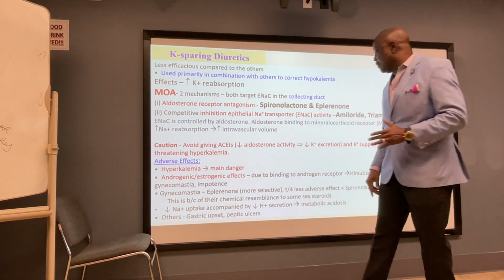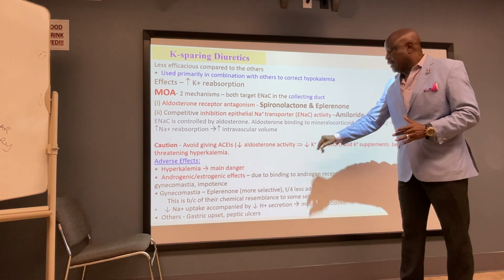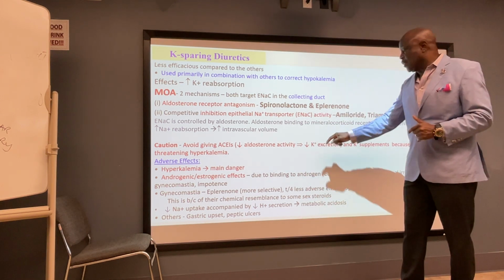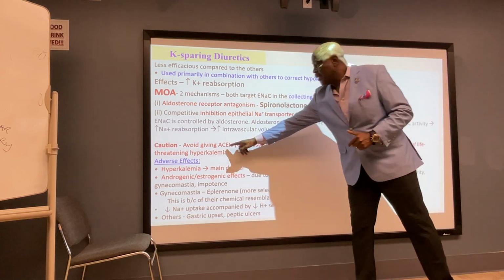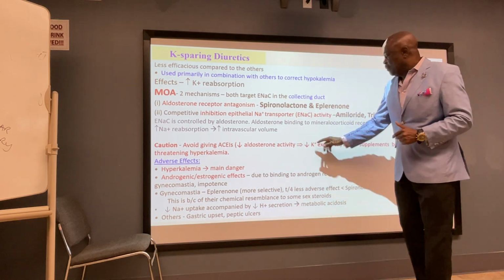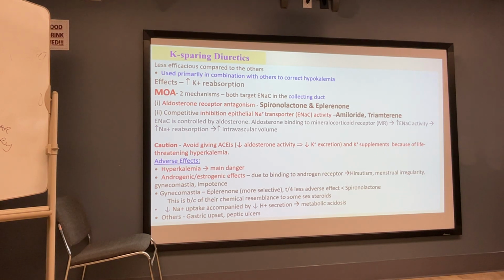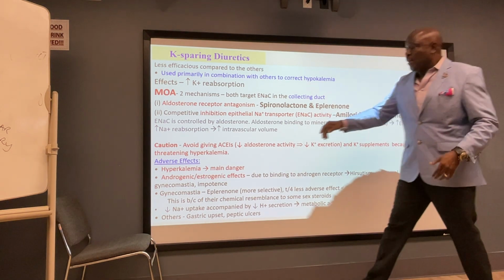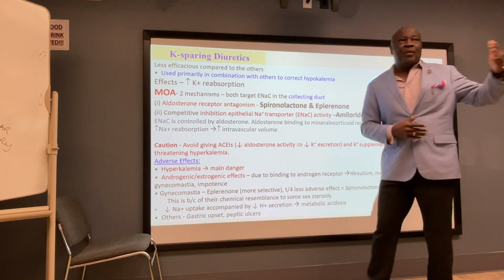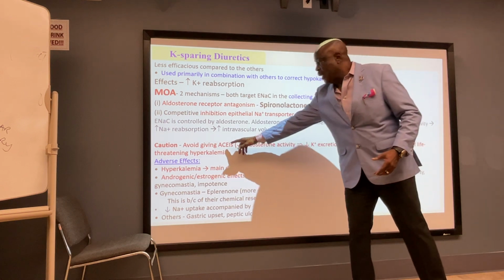And since aldosterone causes increased potassium excretion, blocking it reduces potassium excretion. So the combination of ACE inhibitor and potassium-sparing diuretic will now cause too much potassium in the system. So that now becomes a problem of hyperkalemia.